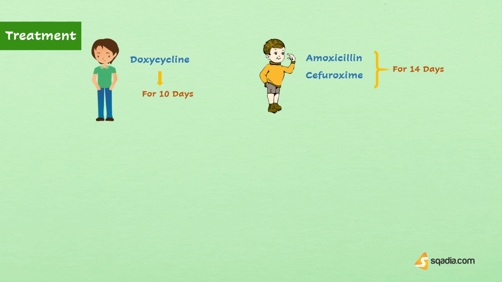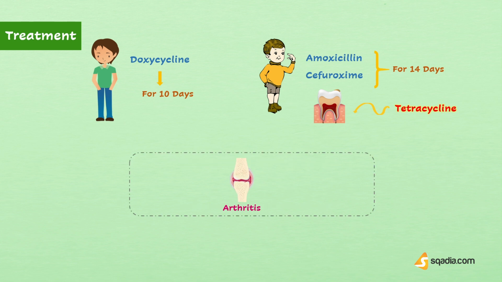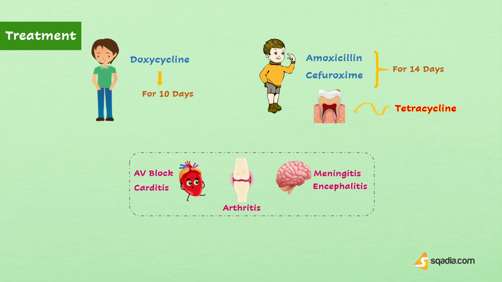Why is the thing which you might be asking? Why should a patient under 8 years of age not be given doxycycline? Well, the answer to that question is that doxycycline causes tooth staining in younger children, so it's better to avoid it. Now, longer courses and parenteral antibiotics may be required for more severe manifestations such as arthritis, AV block, carditis, meningitis, and encephalitis.